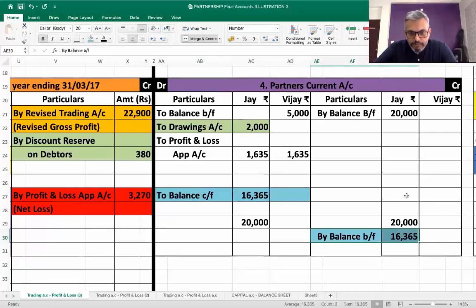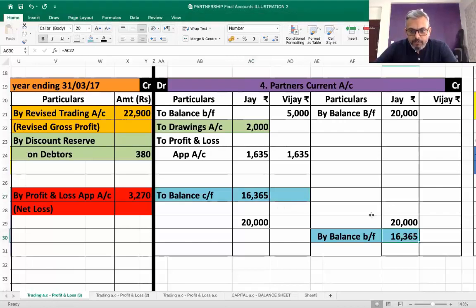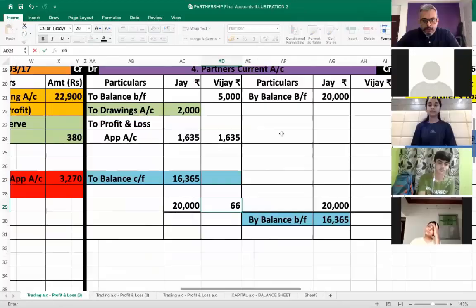Now over here, you can see that Jai's credit side is more than debit side. Hence, this is our credit balance. Okay. So here we write it first over here in order to avoid confusion. Current account, Jai, outer column. So here we write the total 6,635.